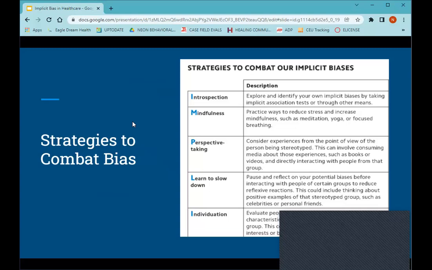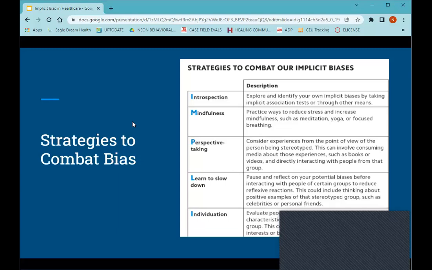One is mindfulness. So we want to be connecting with reducing our stress, connecting to the present moment. If we're rushed, we tend to rely more on system one thinking. That's why that study found that effect about bias and specialty referrals. It only occurred when providers were rushed.